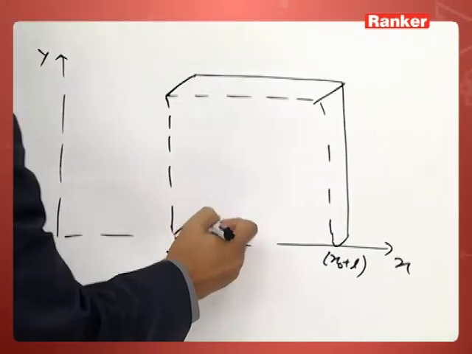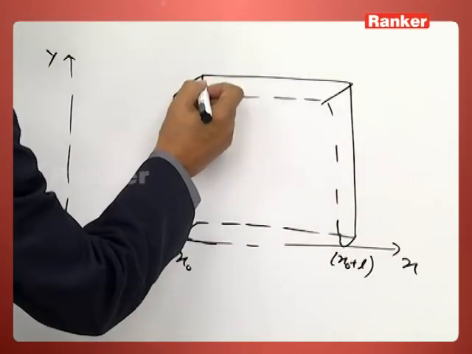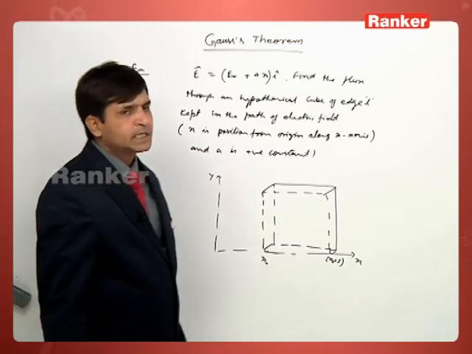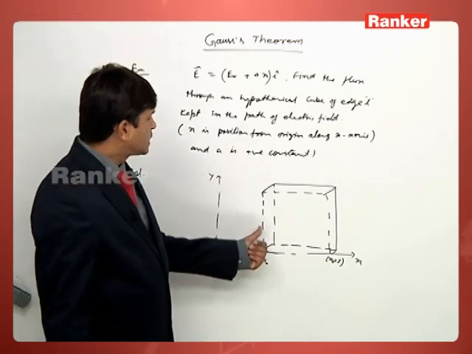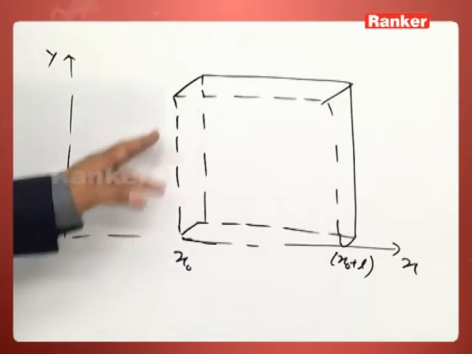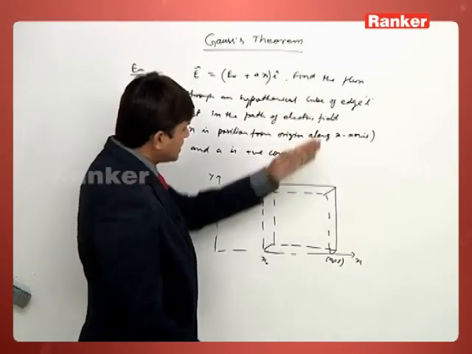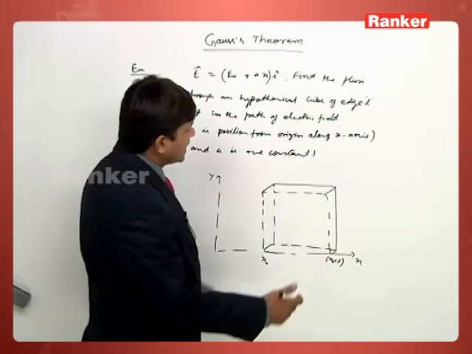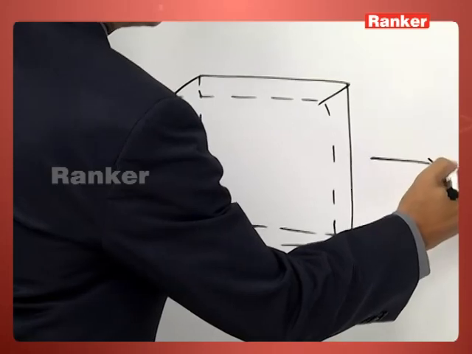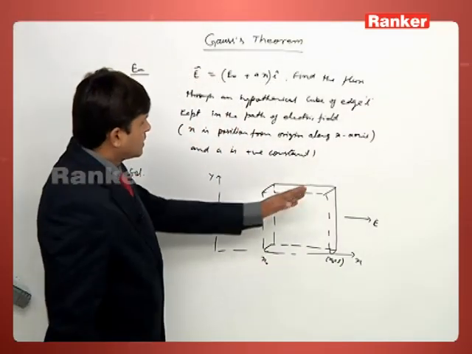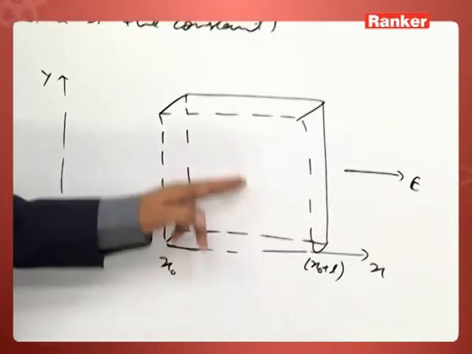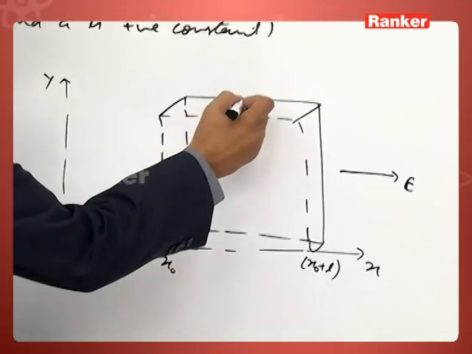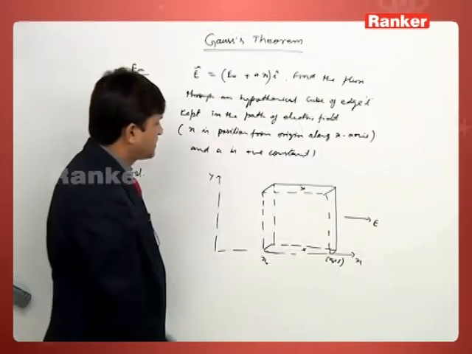As we are calculating the flux through this cube, the cube has 6 surfaces. If I consider this one surface and this another surface, the electric field direction here is along positive x, so the area vector of these surfaces is perpendicular to it. So there is no flux through this surface as well as this surface.